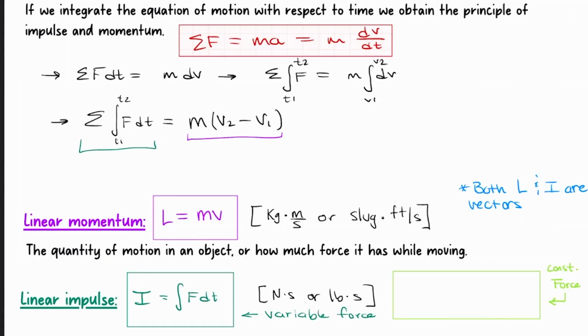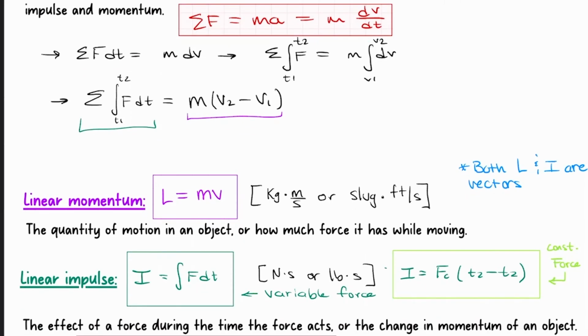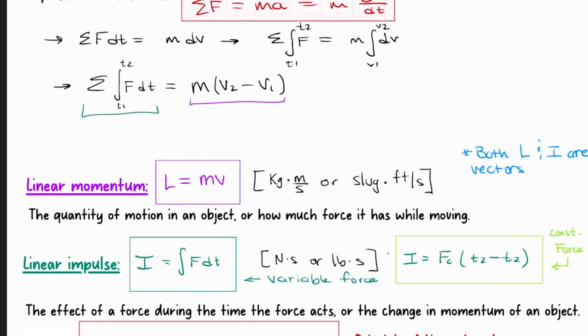Or if we have a constant force, then the impulse equals our constant force times our change in time. Notice both momentum and impulse are vectors, so their direction matters, and where they're coming from.